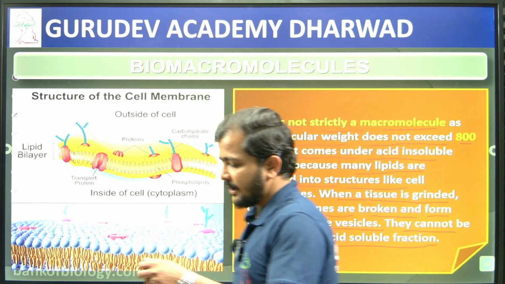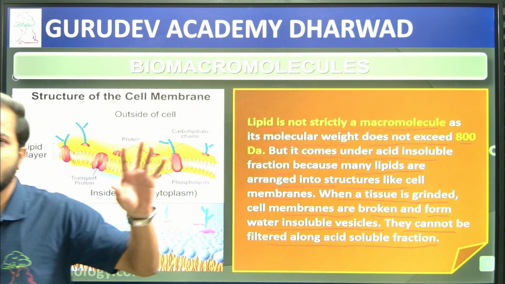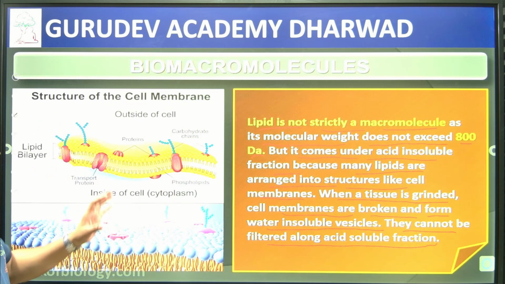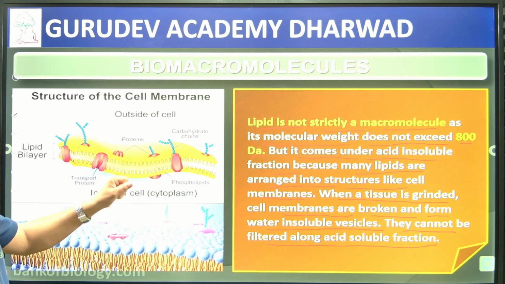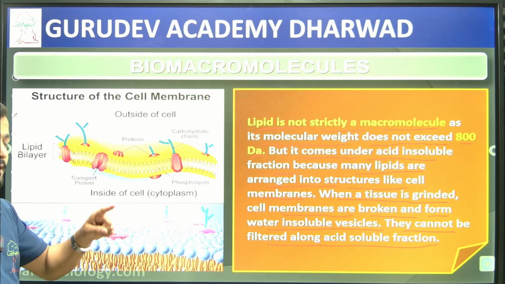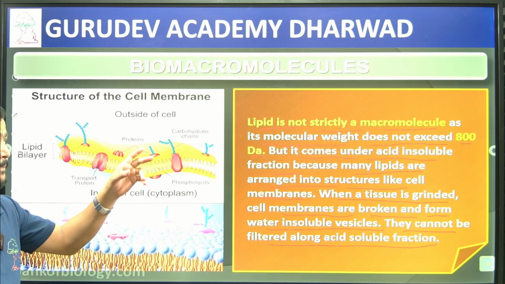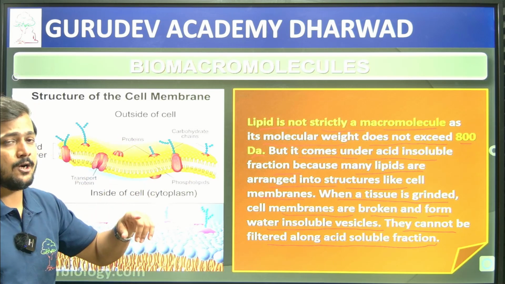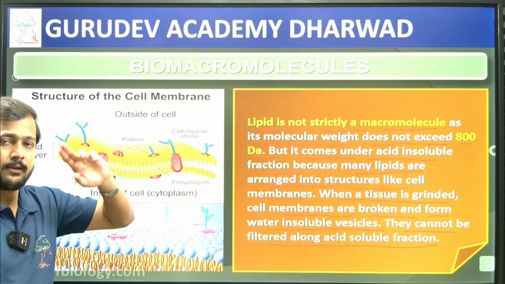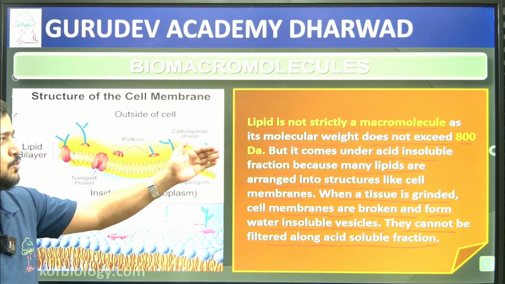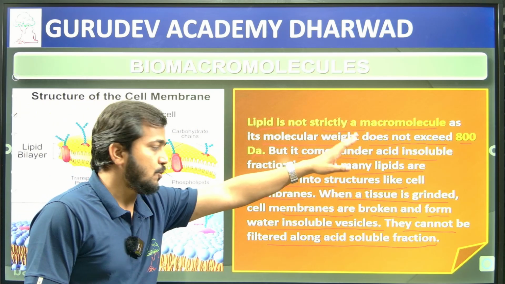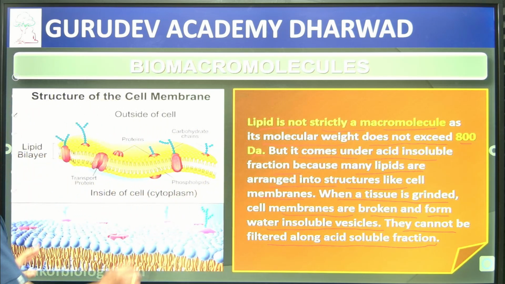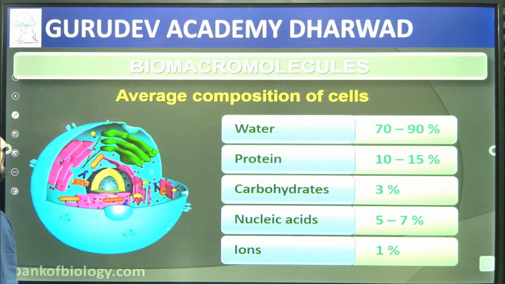So lipids are majorly found in the acid insoluble fractions, right? But they are not macromolecules, they are micromolecules whose weight doesn't exceed 800 Dalton. That is the most important point you should remember.